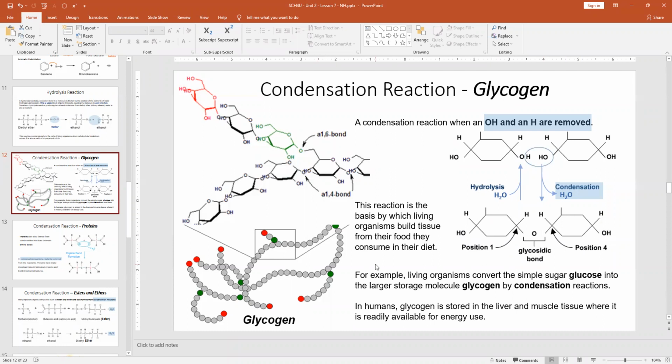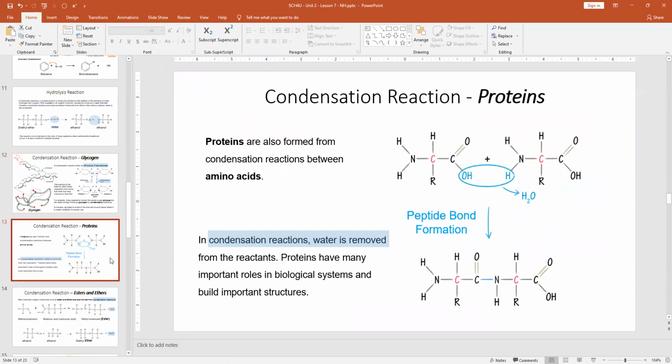This is a very important reaction in living organisms. This is how living organisms build tissue from the food they consume through their diet, this condensation reaction. Condensation is also important in the formation of proteins. Proteins are formed from the condensation reaction between two amino acids. Again, water is removed and a new bond is formed.